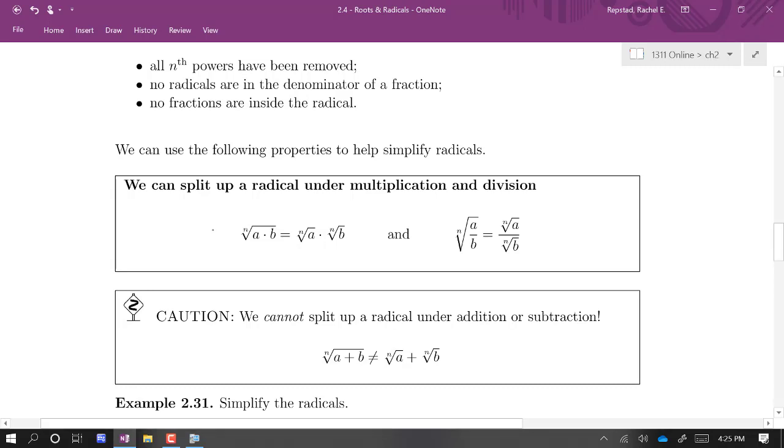This is an extension of that property that says we can split up a radical over multiplication, and we can also split up a radical over division. We should be really careful and note that we cannot split up a radical under addition or subtraction. And that's for the same reason that we can't distribute an exponent over addition or subtraction.